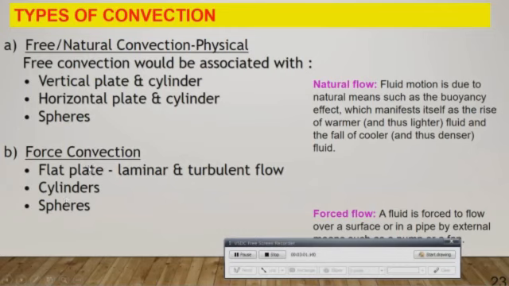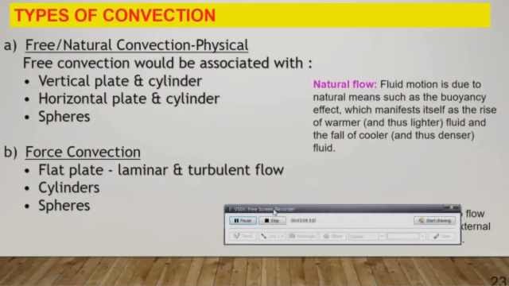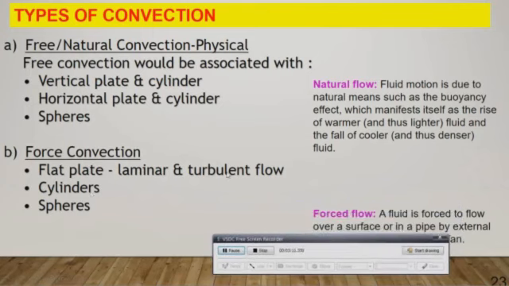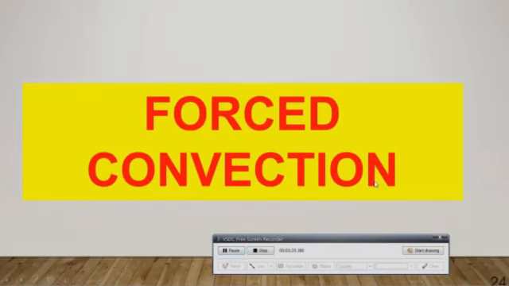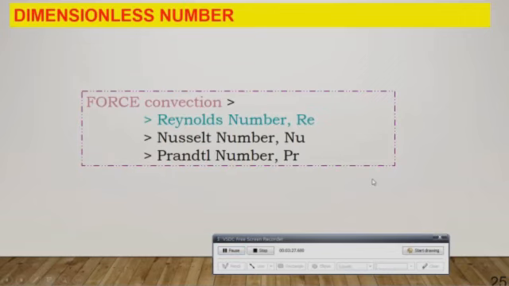The same goes for forced convection: we have flat plate, either laminar or turbulent, cylinders and then spheres. However, for this subject, I will only use the general one just now: Nu equals C Re to the power of m, Pr to the power of n. So, forced convection.